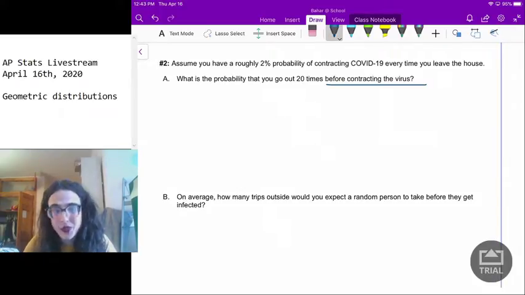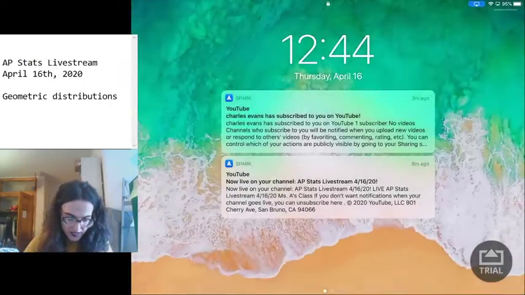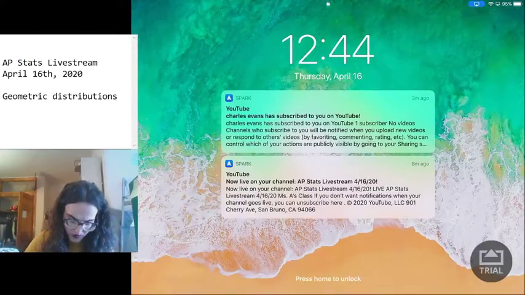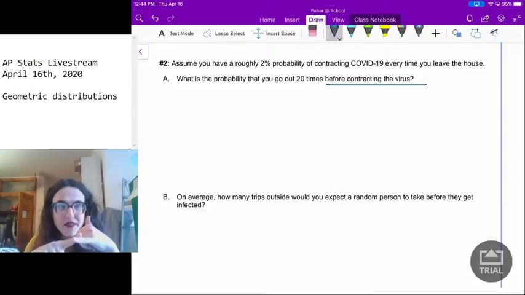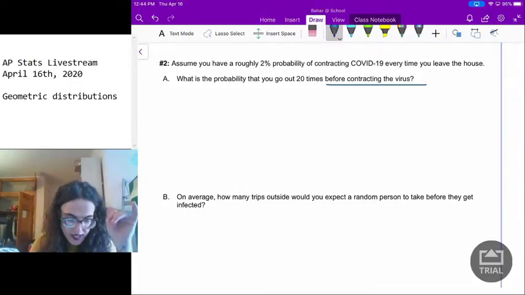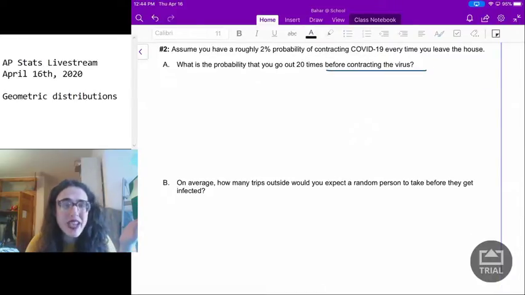You're talking about a situation where there's 19 failures, 1 success, and the number of ways of getting that is really just 1. 19 failures followed by 1 success. There's only one combination of events that looks like that.